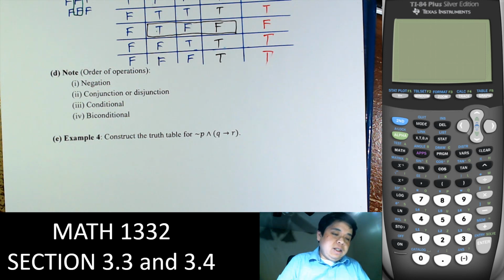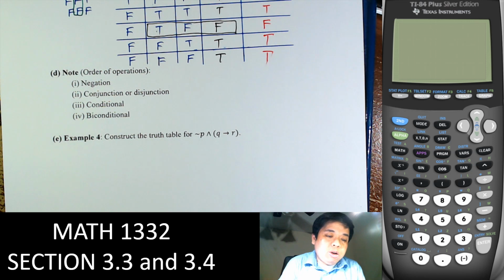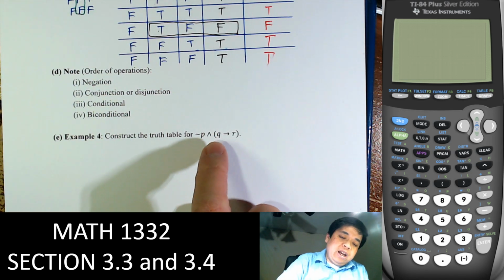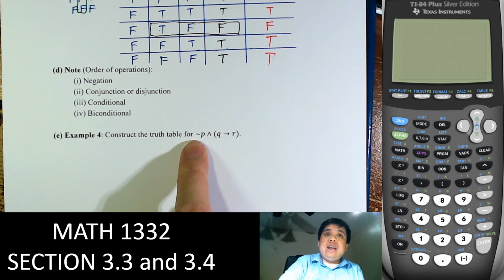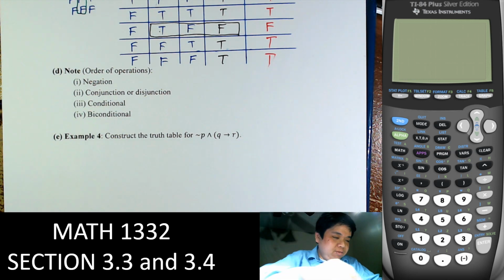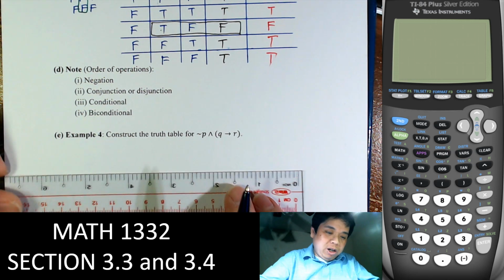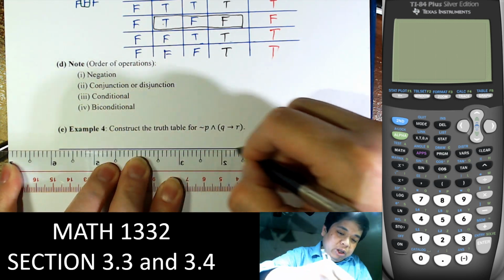Right, next, the order of operations is negation, and then conjunction or disjunction, and then conditional, biconditional. So if we have 3 statements, we have 8 different scenarios, and we're going to do the inside first, and then the conjunction, and then the conditional. Actually, let's make a table. We go one by one.